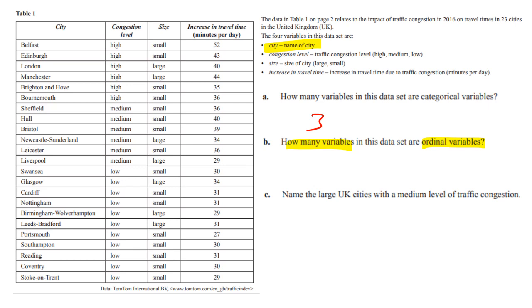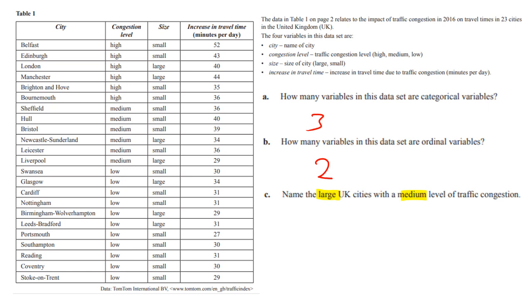Alphabetical order is not ordinal, but high, medium, low, and large, small are, so the answer was 2. A lot of people got that second one wrong because they might have thought that alphabetical order was ordinal.